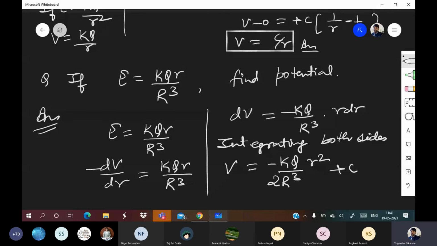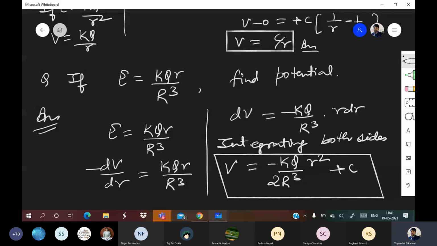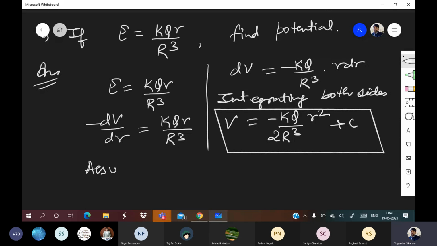Okay. Now in this question, if you look close, we have not been told where the potential is 0. If you read the question once again, it has not been informed where the potential is 0. Now if we want to assume V is equal to 0 at R is equal to 0, then C is equal to 0.